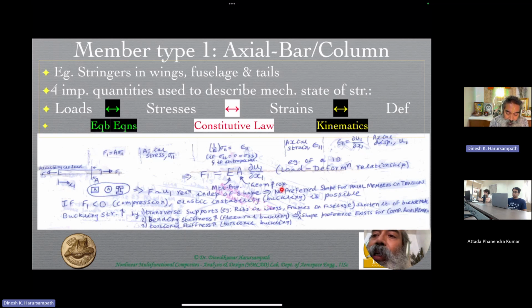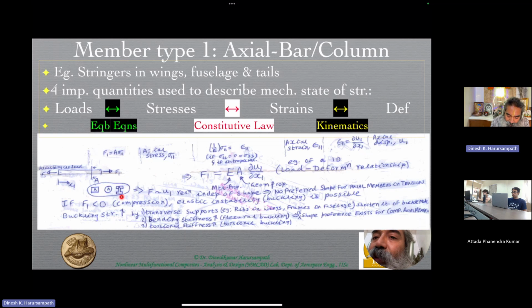But in this case, it depends only on the size and not the shape, because that same A, the area of cross section, can be distributed either as a rectangular or square cross section, a circular cross section, or I section, whatever it is. So depending upon the problem, we can have various possibilities, and all of them will give the same result as far as U1 for a given F1 is concerned.